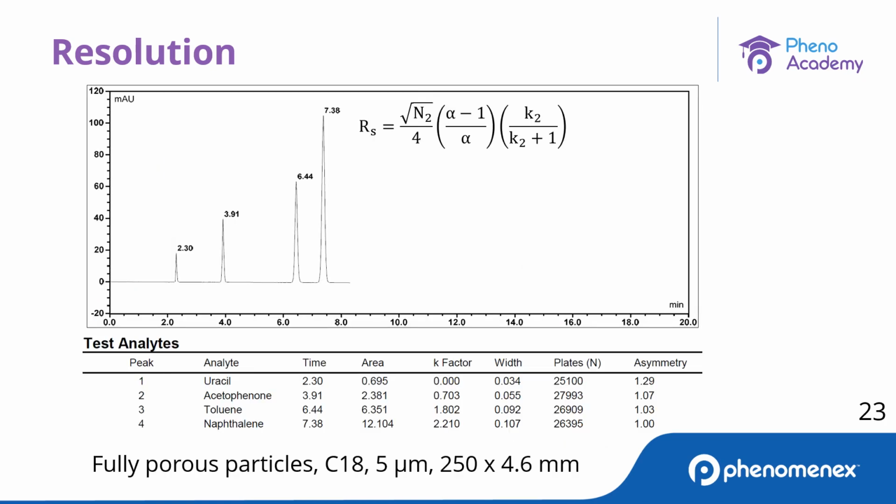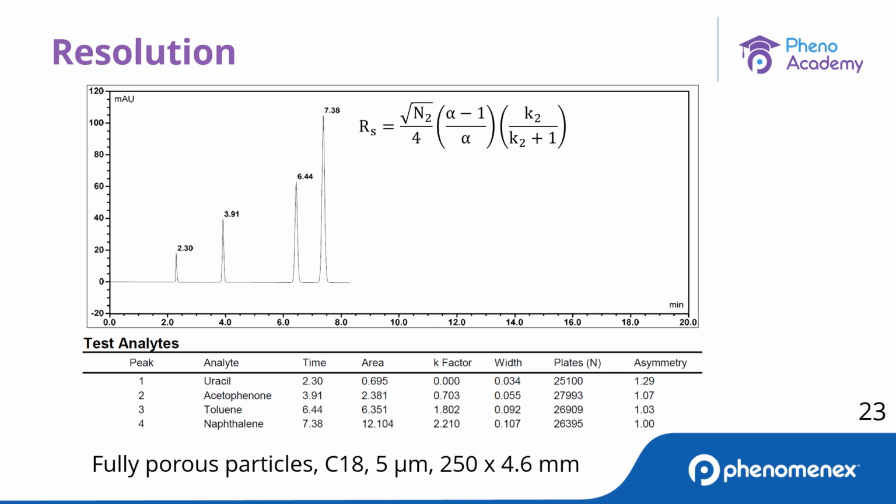To calculate the resolution between two peaks, I changed the equation a little to indicate that you need to take the efficiency and the retention factor of the latter peak. You use the selectivity factor between the former and the latter peak. Again, the peaks don't have to be adjacent. You can calculate resolution between any two peaks, but a resolution between two adjacent peaks is often what is critical.